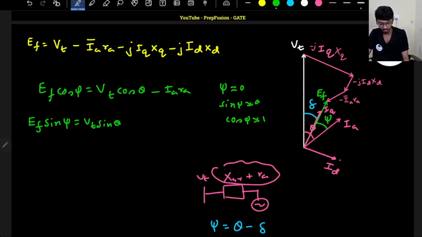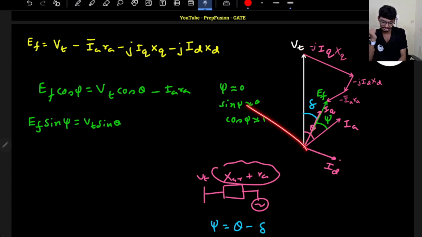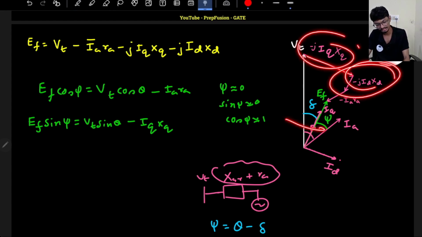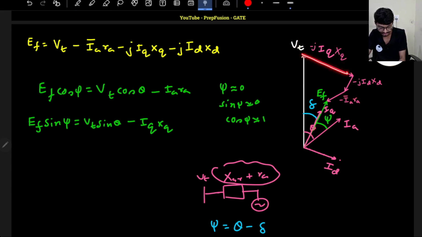Now what will be the other component? If I see, this IQ XQ is in the opposite direction, right? It is in this direction, IQ XQ is in the opposite direction, so that's why there will be a negative sign over here. So minus IQ XQ. I'm directly subtracting the IQ XQ because I'm neglecting the XD part. You see XQ is in the opposite direction.